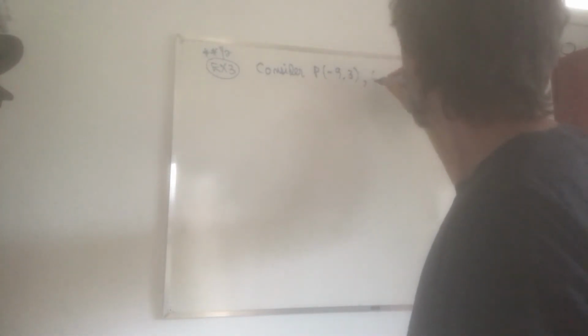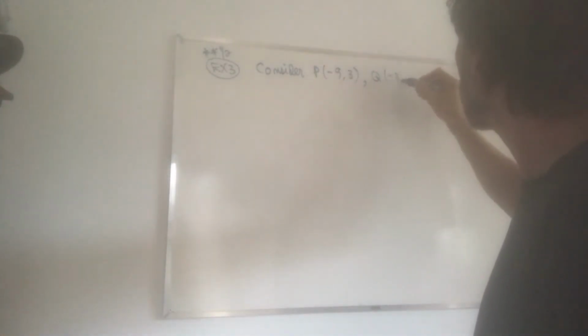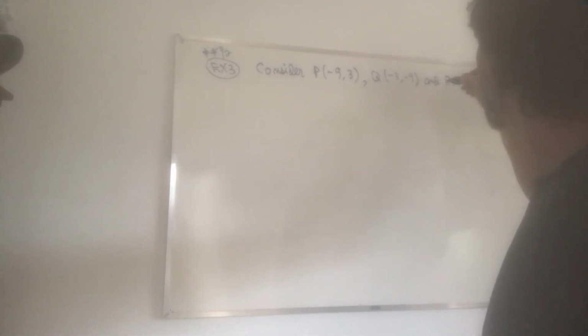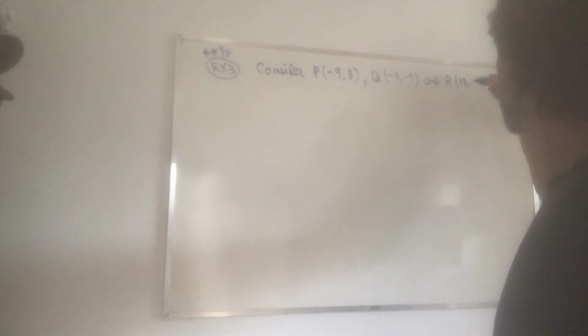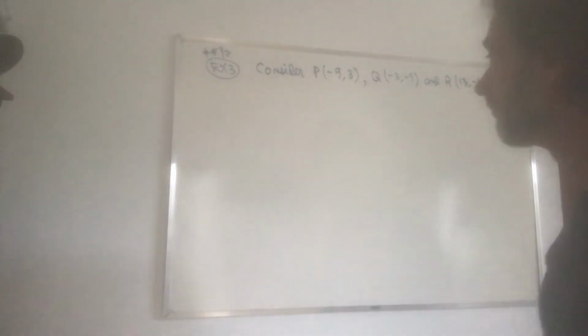The point Q, which is minus 3, minus 9. And the point R, which is 13, comma, minus 1. So I have 3 points in here.